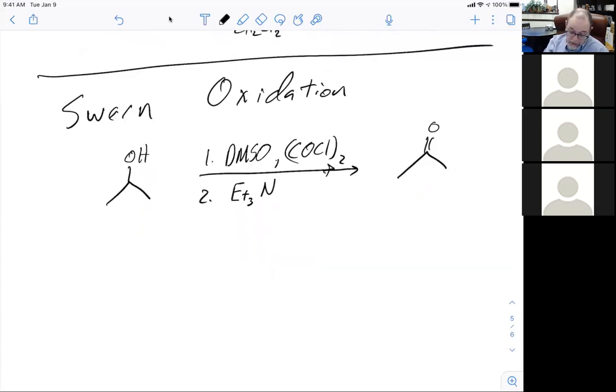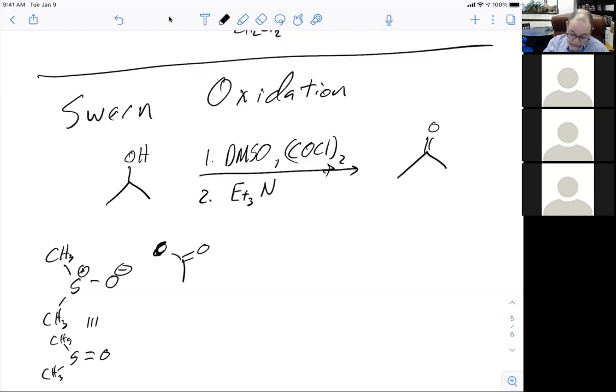The first step of this is actually the DMSO and the, I can't remember the name of that compound, reacting together to give us our starting material. So DMSO, we've seen this one before, right? Sometimes you'll see it drawn like this. For the mechanism, we're just going to show it as a zwitterion where we have the positive and the negative. Then we've got our carbonyl chloride here.